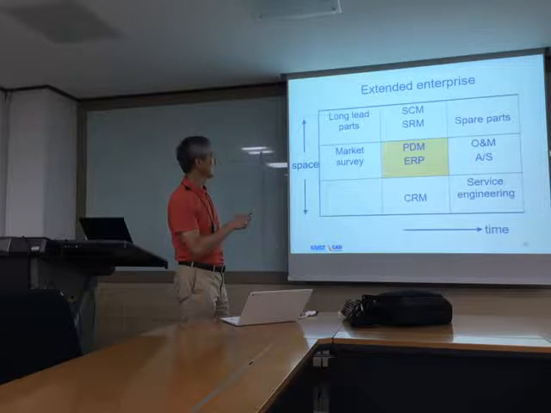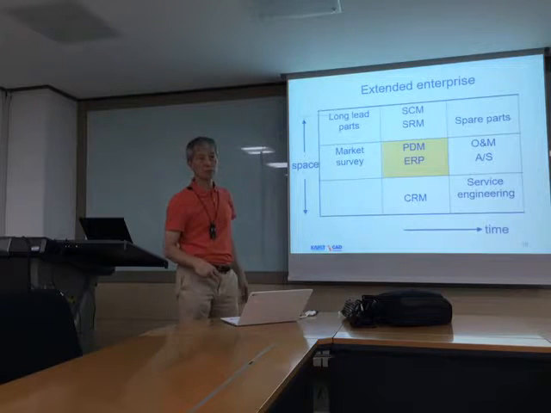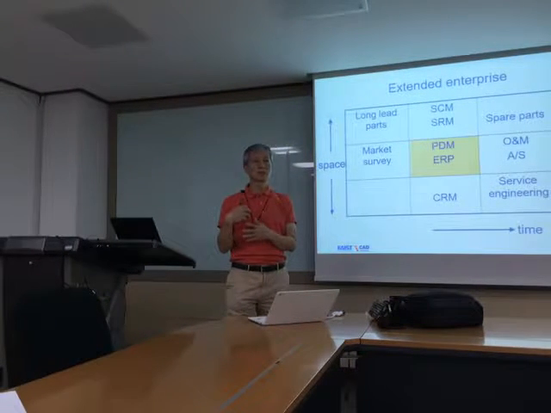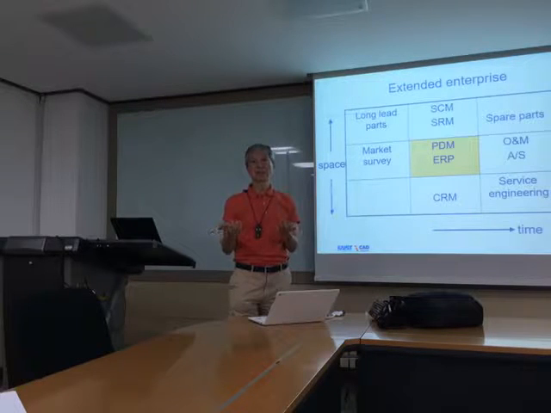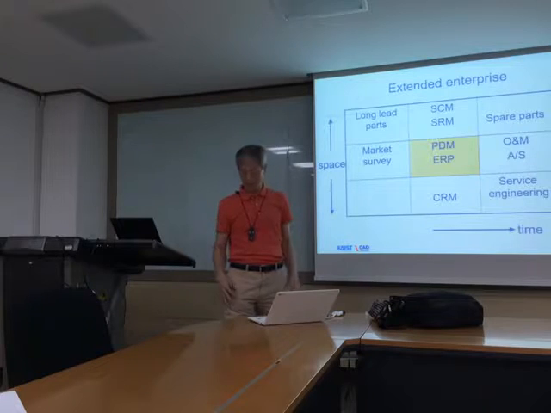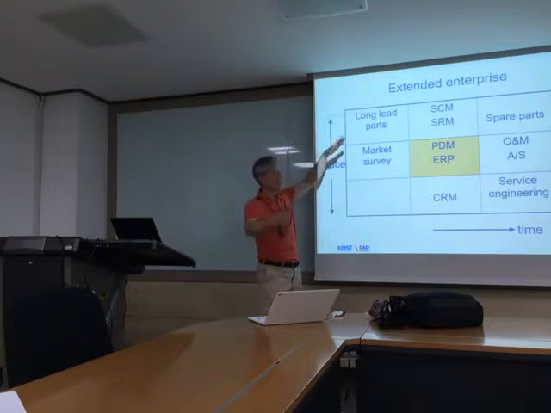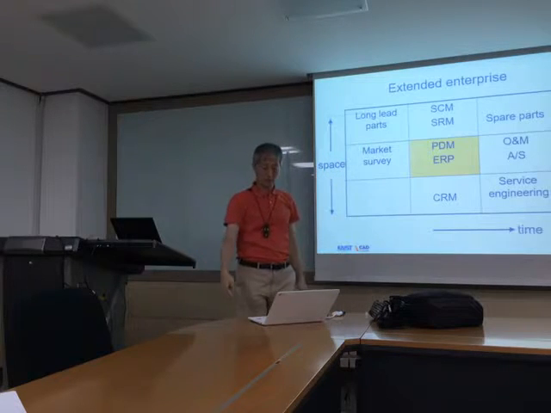And there is a long lead item. A long lead item takes a long time to purchase, such as an engine. It takes a long time, years, to develop a new engine. So time and space-wise, the scope is increased.